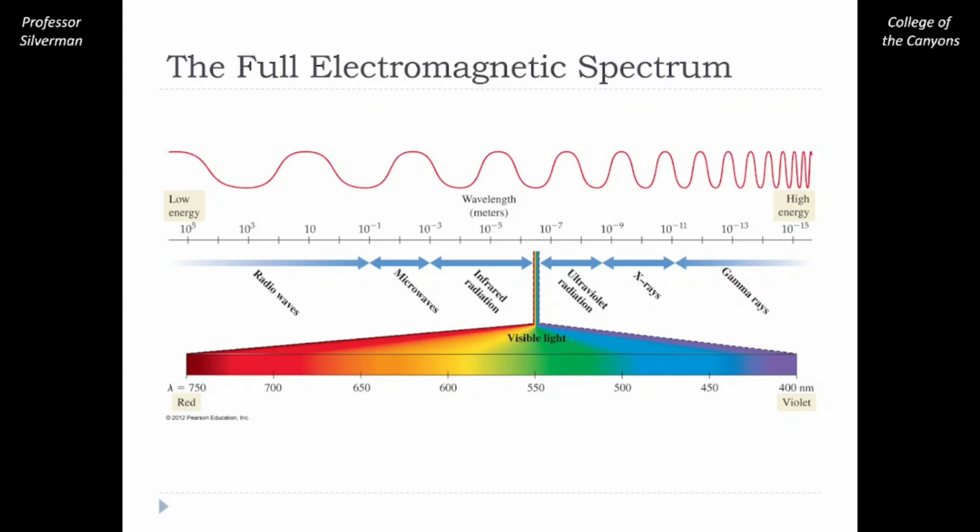On the left side of this image are the lowest energy waves, the ones with the lowest frequency, or the ones with the longest wavelength. On the right side of this image are waves with the highest energy, or the highest frequency, or the shortest, most compact wavelength.